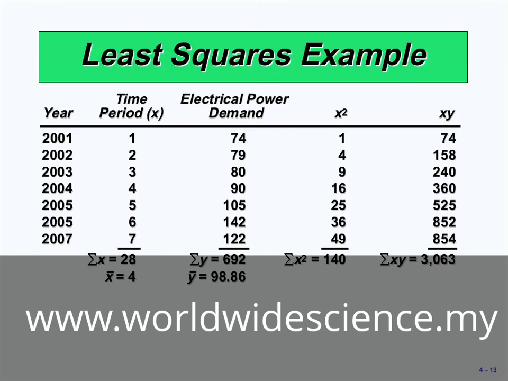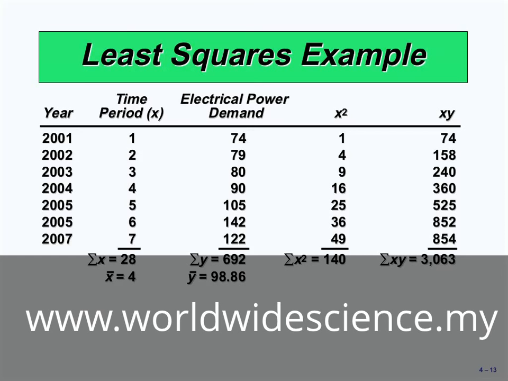We calculate sigma y, and then for y bar you should calculate sigma y divided by n. N is 7. 692 divided by 7 gives you 98.86. That is y bar. So in the formula we also succeeded in calculating y bar.